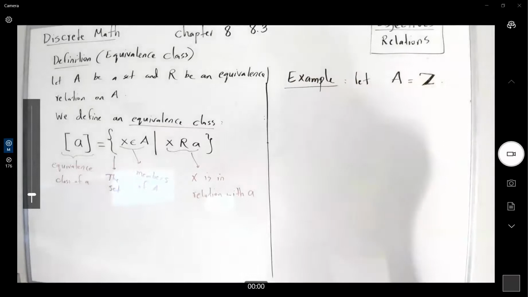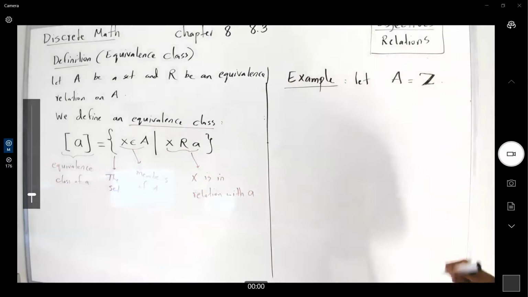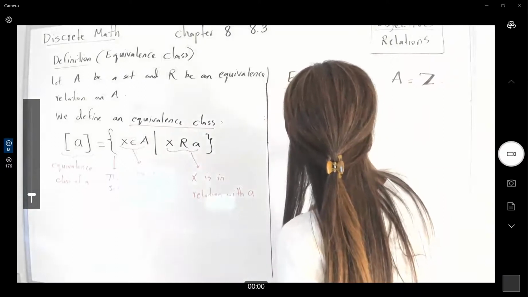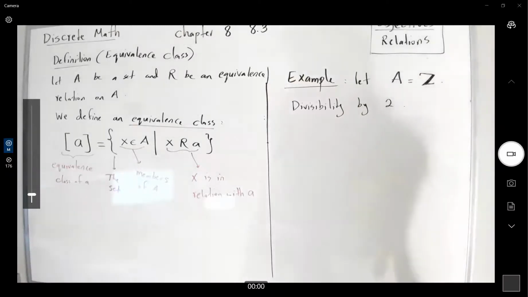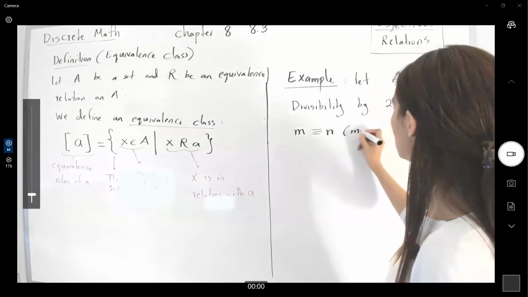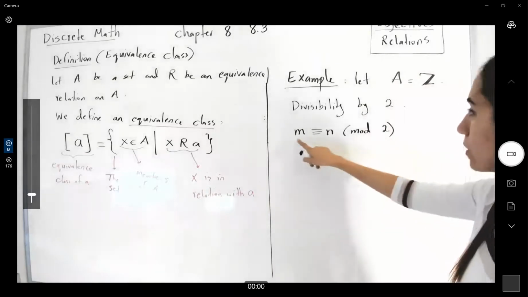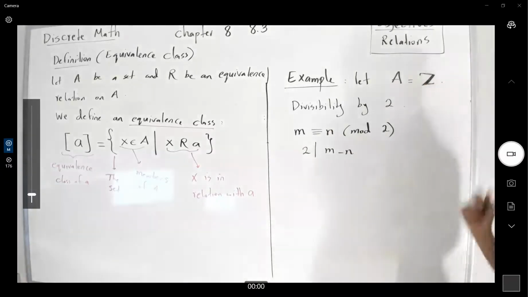Okay, we have integers, and I'm going to define, let's say, divisibility by 2 on Z. I'm going to say, hey, M is congruent to N mod 2. What's the meaning of that? It means that 2 divides M minus N.